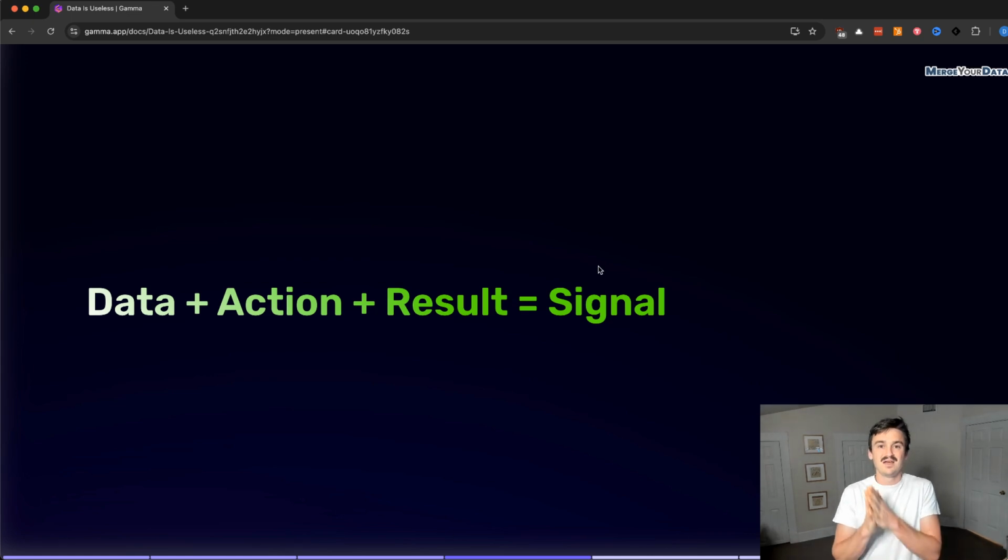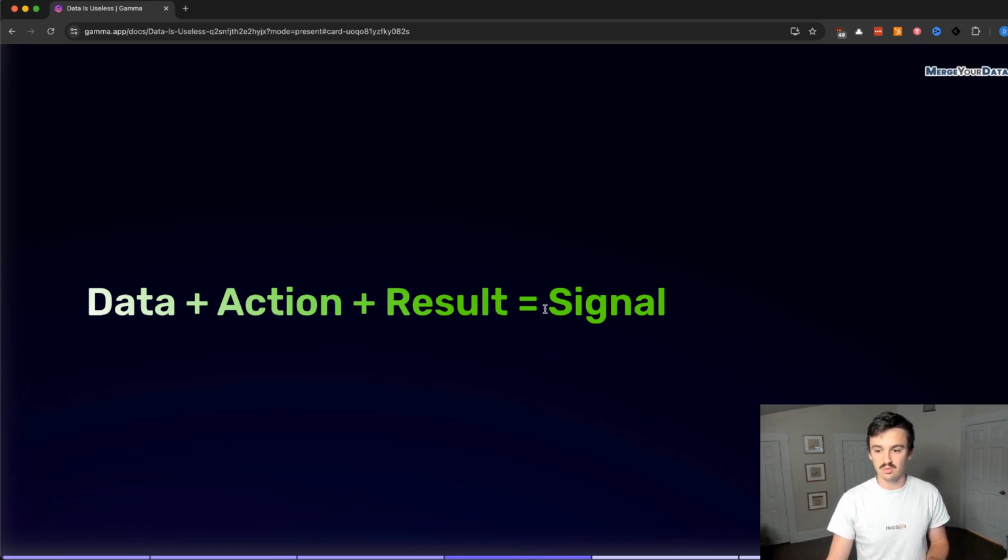Signals are things that have the highest velocity and highest acceleration in a business context. Business is a living thing. It's a moving thing. And so if we can determine which data points are cross-referenced with which actions and produce which results, we can understand how and what we should do and who we should talk to and what messages that we should convey.